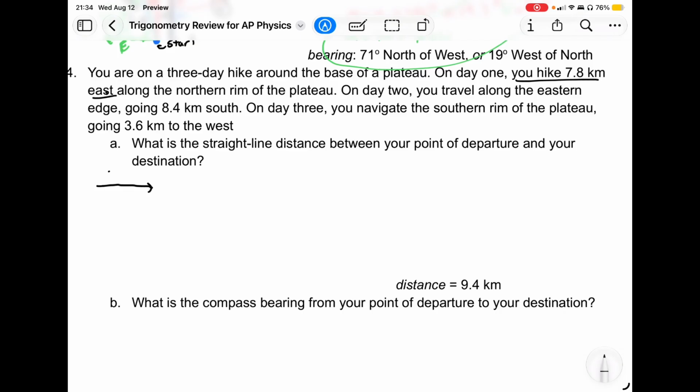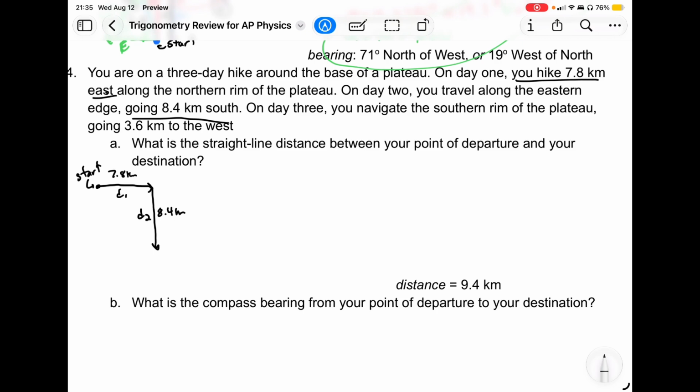All right. So it's 7.8 kilometers, and that's D1, the distance over day 1. And we are traveling that distance from our start position. Great. And then on day 2, we travel along the eastern edge of the plateau that we're hiking around, going 8.4 kilometers south. So now we went down by 8.4 kilometers. We'll call that D2 for the distance we traveled on the second day.